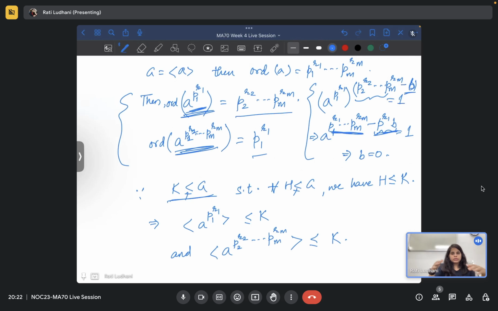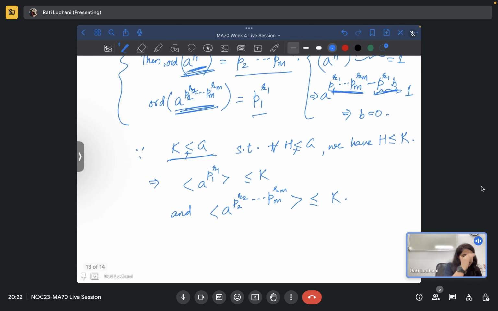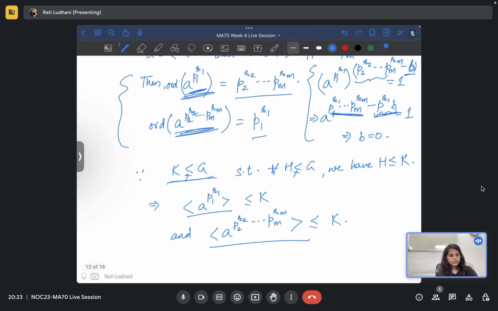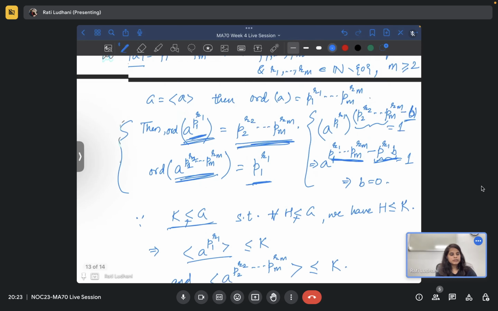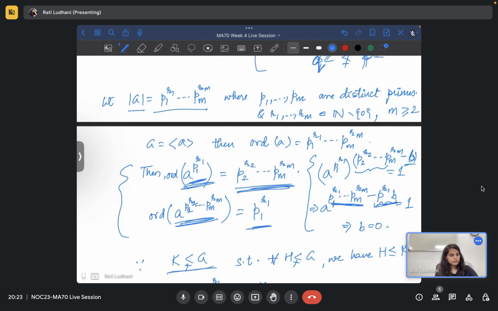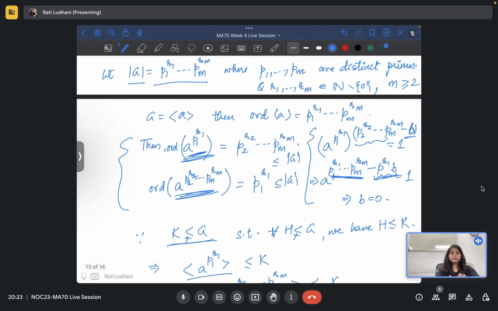Then if you consider the subgroup generated by these two elements, then it will be in K, because these are proper, we already know, because orders of these elements are strictly less than order of G.